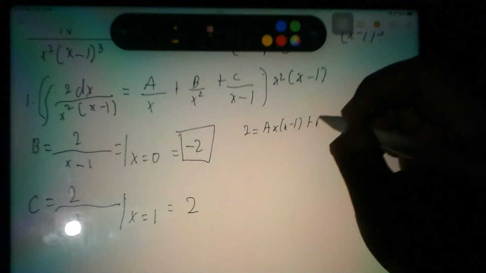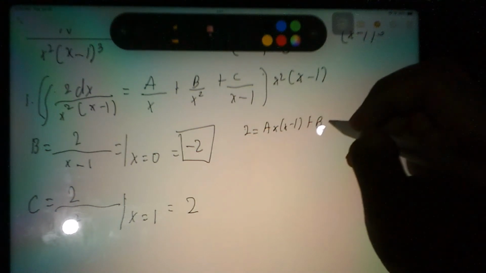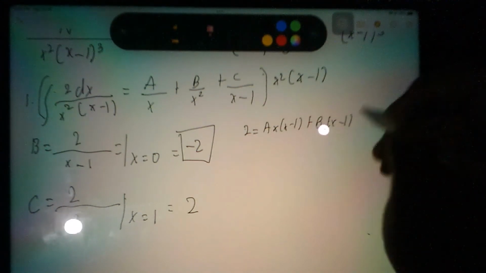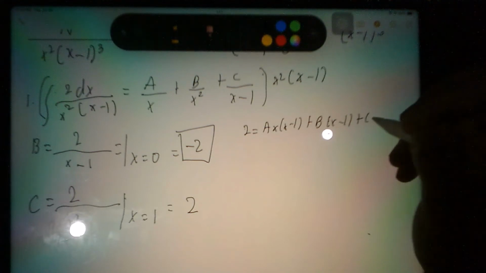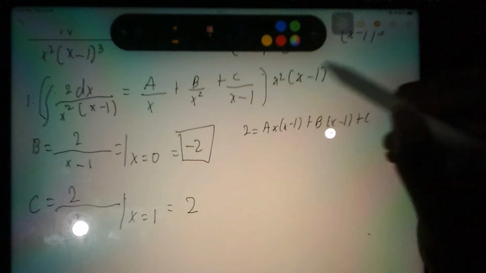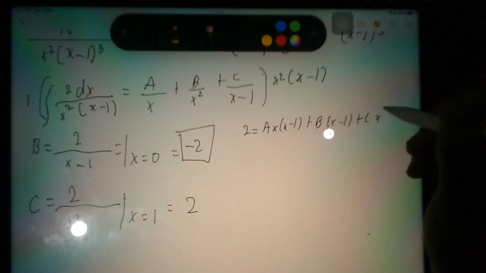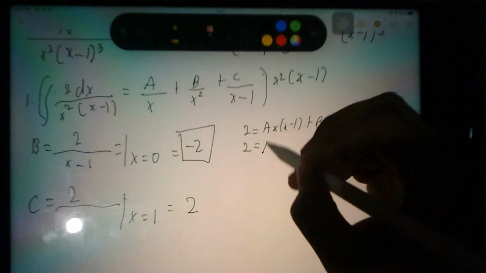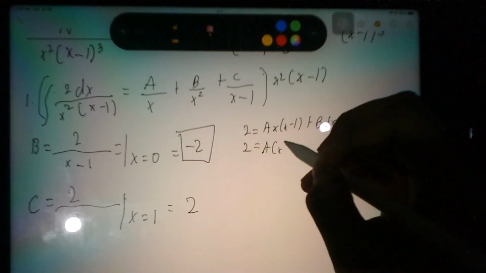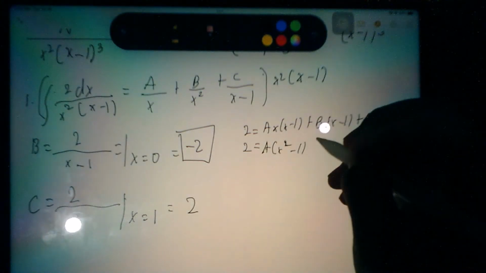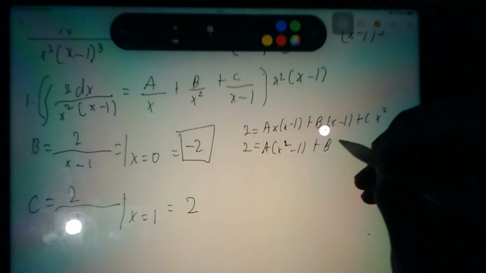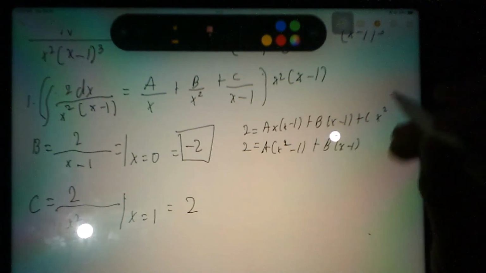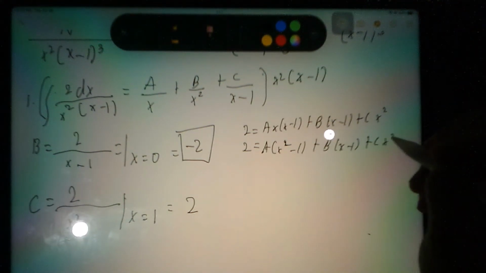What will be left is b and x minus 1 times x minus 1 plus c. X minus 1 will just cancel out each other, and it's x squared. So by simplifying this even further, this will become a times x squared minus 1 plus b times x minus 1 plus c x squared.